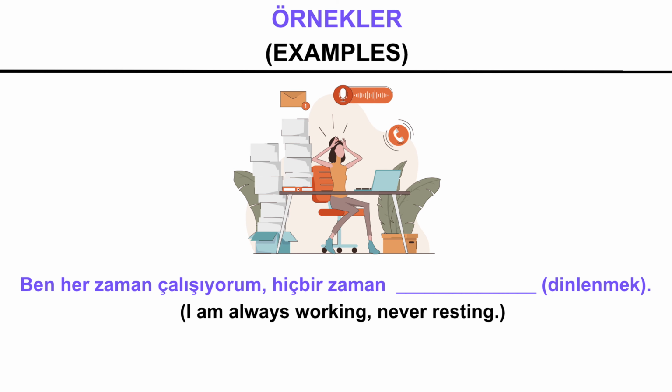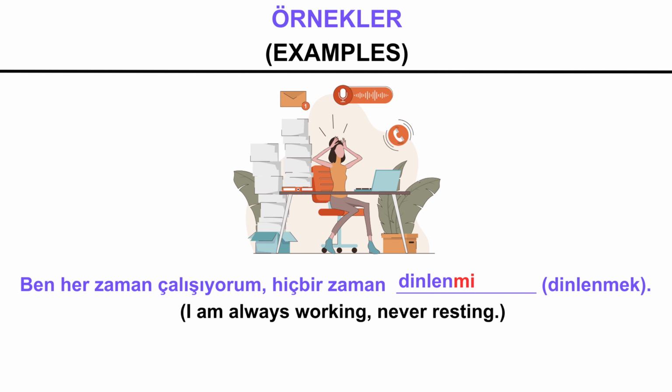Okay, so the personal pronoun is I, right? I am not resting. So I look at dinlenmek. I get rid of mek. I have dinlen. Last vowel is e. That's why I will bring me as a negative suffix.